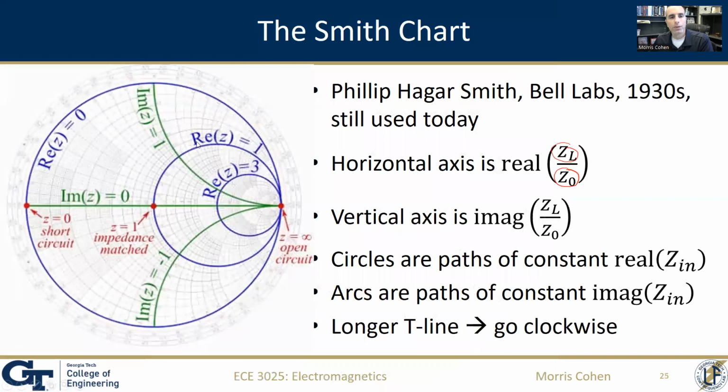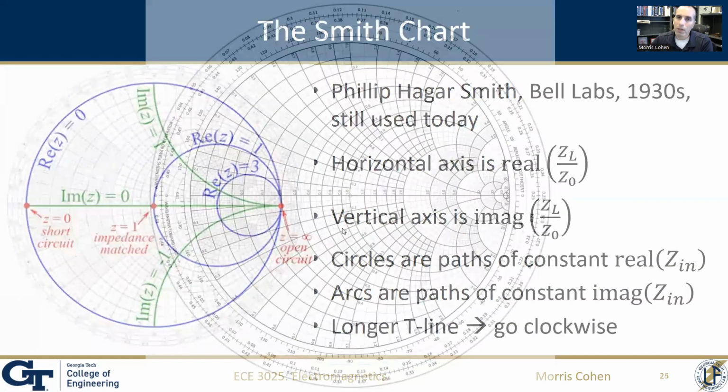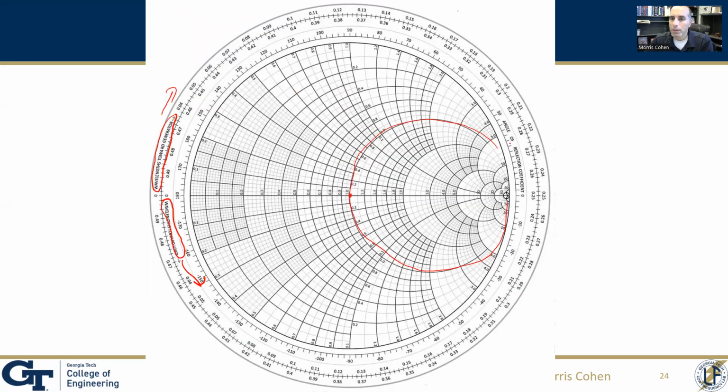And then as the real part of this normalized impedance changes from 1 to 3, the circles get smaller and smaller. As the real part of the normalized impedance goes to 0, the circles get bigger and bigger. And so you can basically read off from this chart what exactly is the angle of the reflection coefficient just by seeing where you are along this circle.